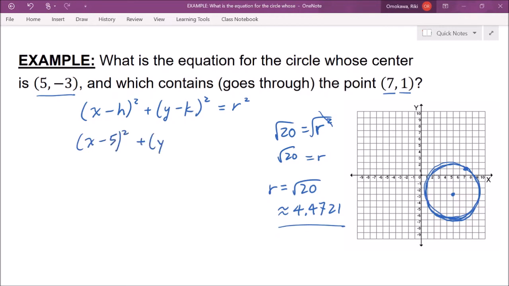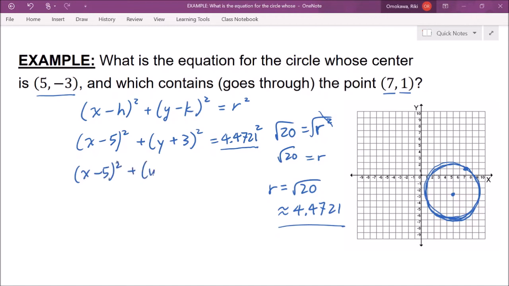We know k, it becomes plus 3. And earlier we didn't know the radius, but now we figured that out, right? We can plug in the radius we found, around 4.4721 squared.